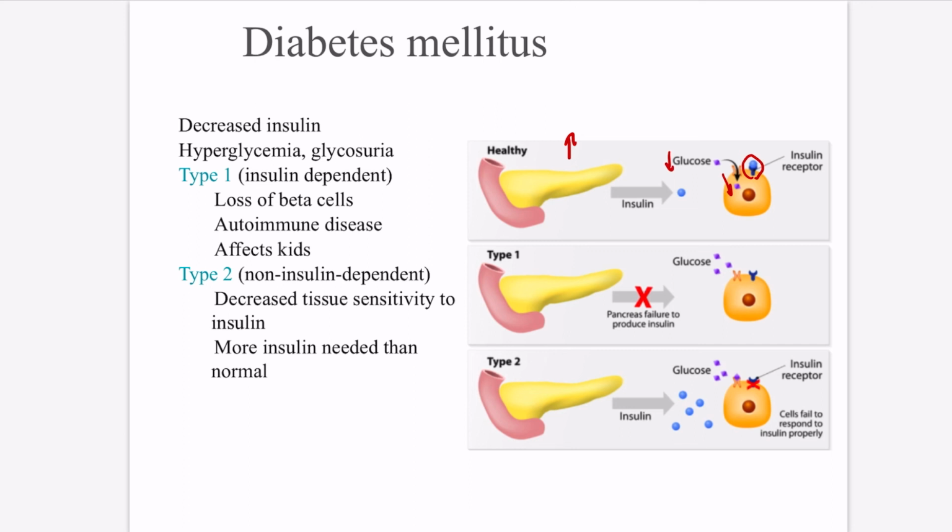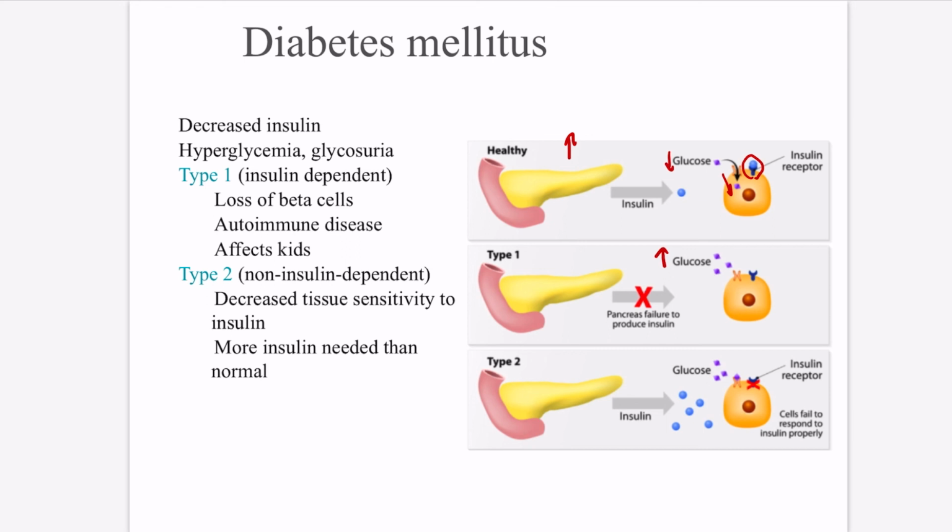In an individual with type 1 diabetes mellitus, their pancreas does not produce insulin. And so what that means is that there is high glucose in their blood. Their pancreas does not secrete that insulin, and so that glucose doesn't get taken up.